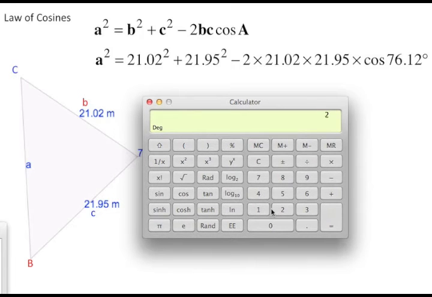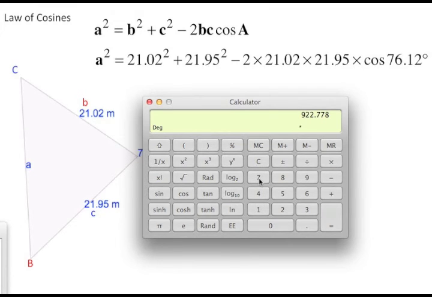So 21.02 squared plus 21.95 squared, take away 2 times 21.02 times 21.95 times the cosine of 76.12.